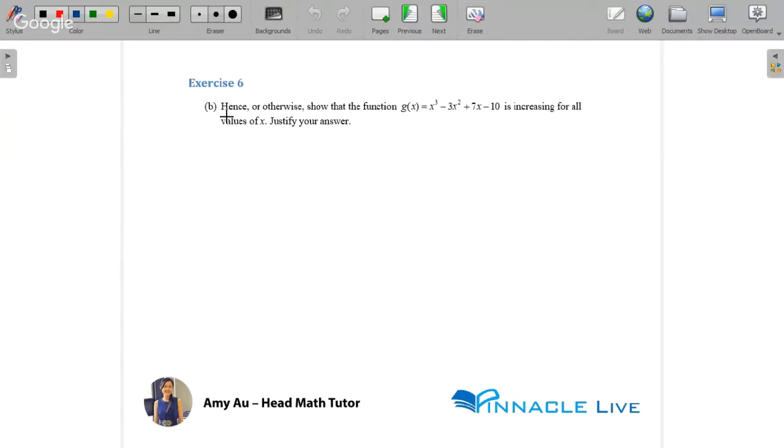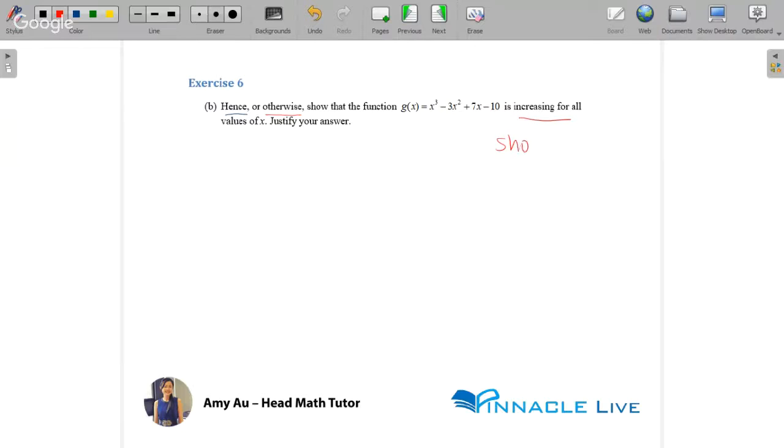So hence or otherwise, learning a little bit around how to read exam questions, hence means you should be relying on the earlier parts to help you. Otherwise means do whatever you want. I always suggest relying on the earlier parts to guide you through the process. If you can take the hint from the earlier parts, usually you're on the right path. All right, so we want to show it's increasing.